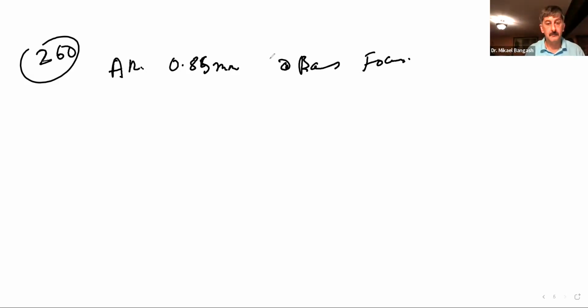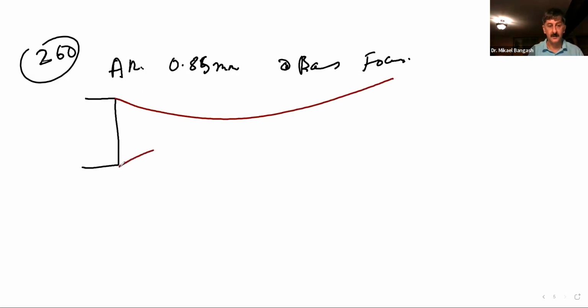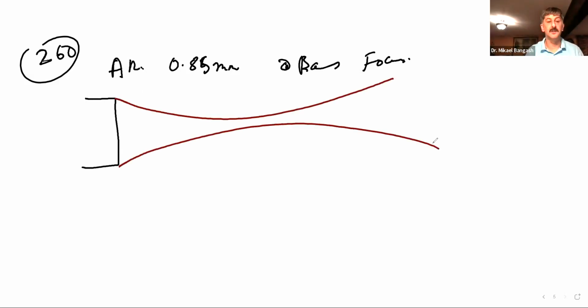Now, let's see what that means. Let's say that we have a focus, or we have a beam. This is your beam. Let's say we have a focal depth of, let's say, 6 centimeters.